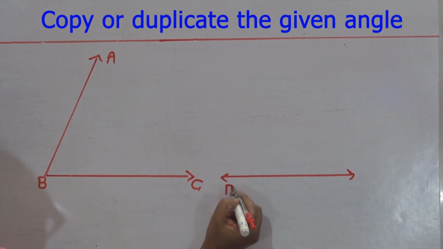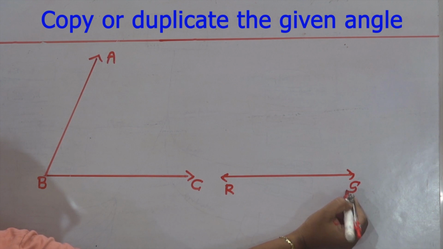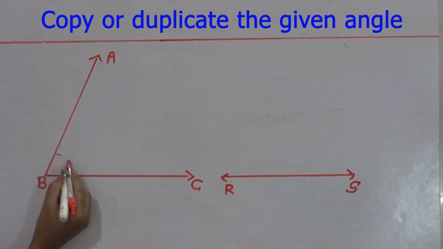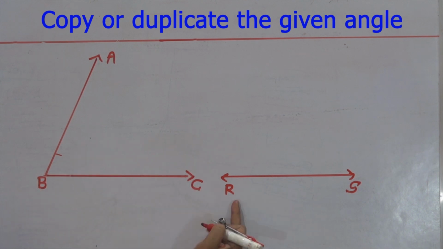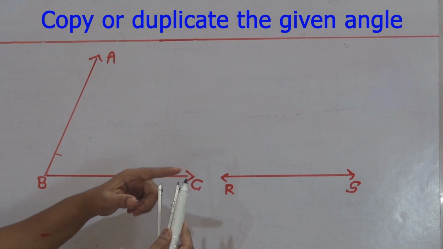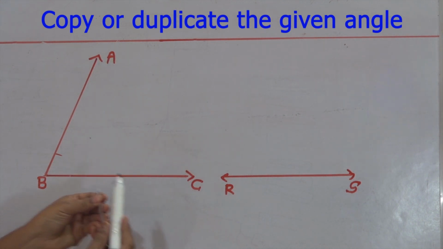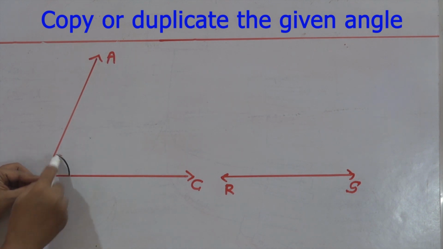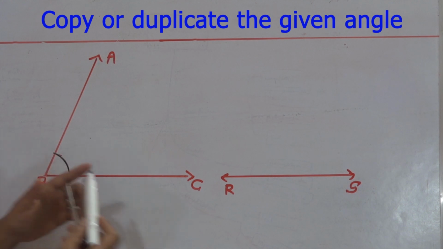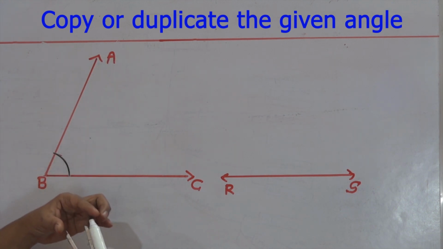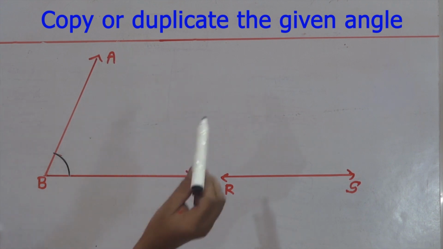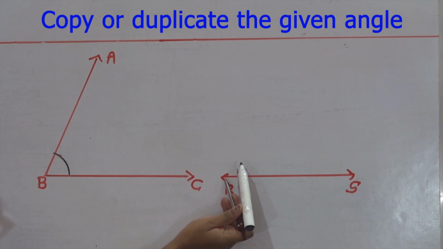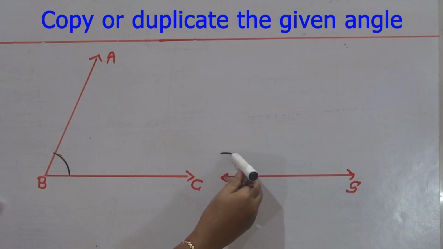Let us name it as R. Now we have to copy this angle at B at point R. To do that, take a compass, take a convenient length between needle and pencil, and make an arc keeping the needle of the compass at point B. Create an arc like this. This distance will give us the length of the angle here. Now keep the compass needle at point R and make the same arc here.